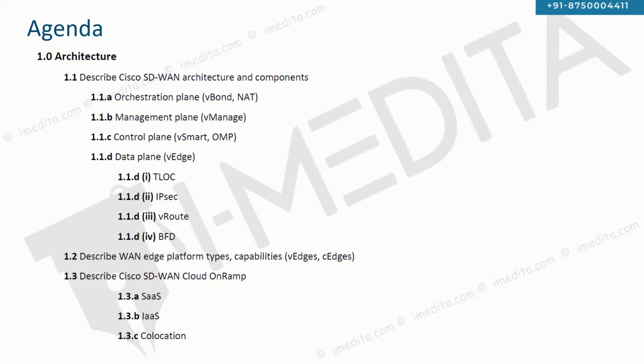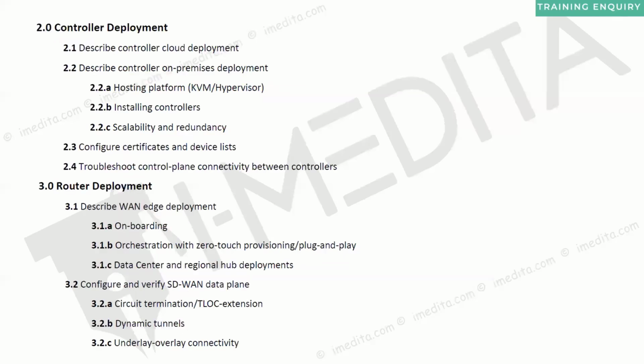I took an example of Cisco SD-WAN, and also the SDA, software-defined access, with the help of DNAC. Also, I took an example of ACI for data center Nexus switches, right? So that's what we discussed yesterday, but from today onward, we are going to focus only on the SD-WAN technology, right?